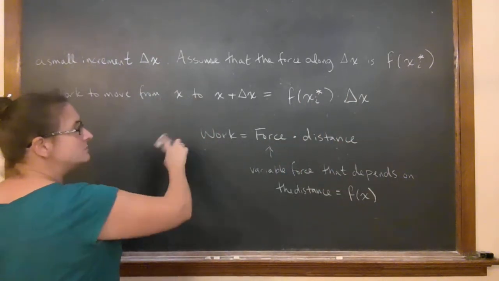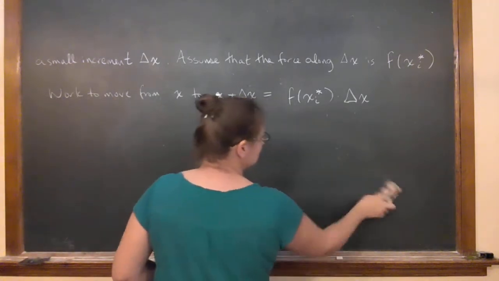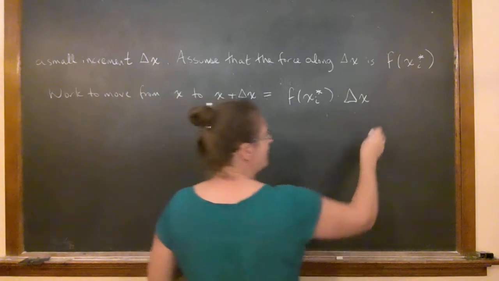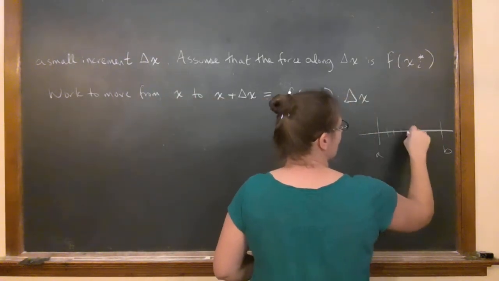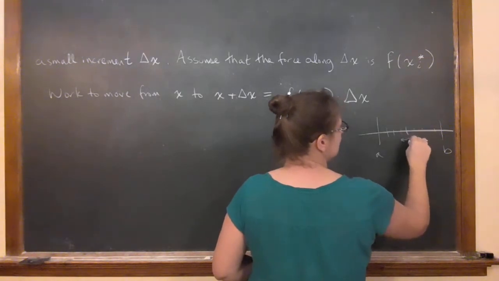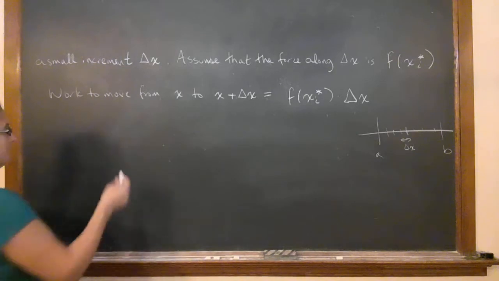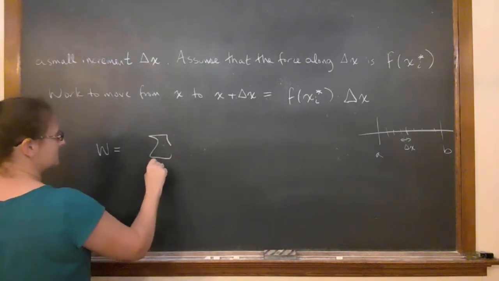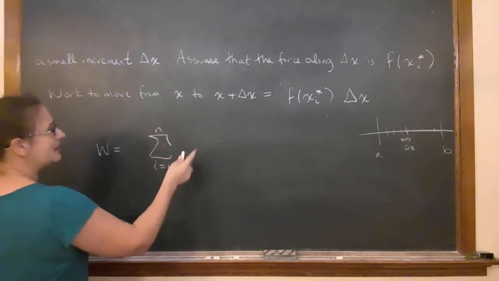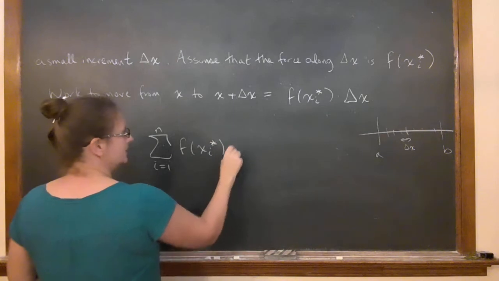So when I want to take this whole thing and make it, instead of just that little distance, the whole thing, right? I've taken A to B, I've broken it up into little delta x's, but if I want to go all the way from A to B, I add them up, right? So I go i equals 1 to n of f of xi star delta x.